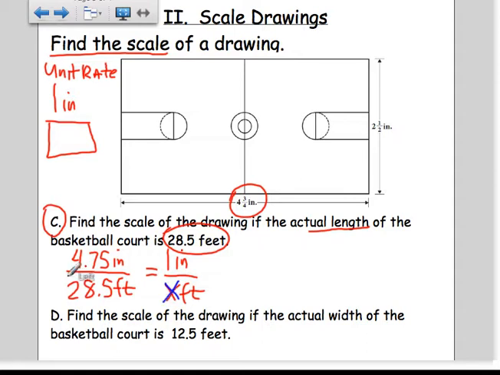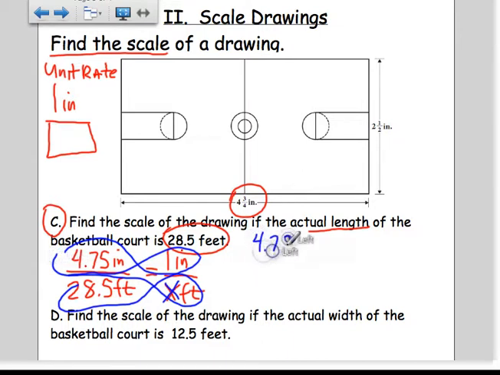In order to do that, I will solve it by cross multiplying and dividing. This is 4.75x equals 28.5 times 1, which is just 28.5. Then I divide by 4.75. 4 75/100ths, divide by 4.75.